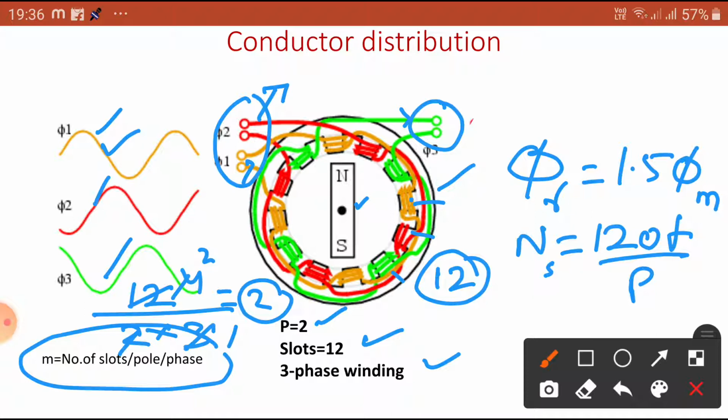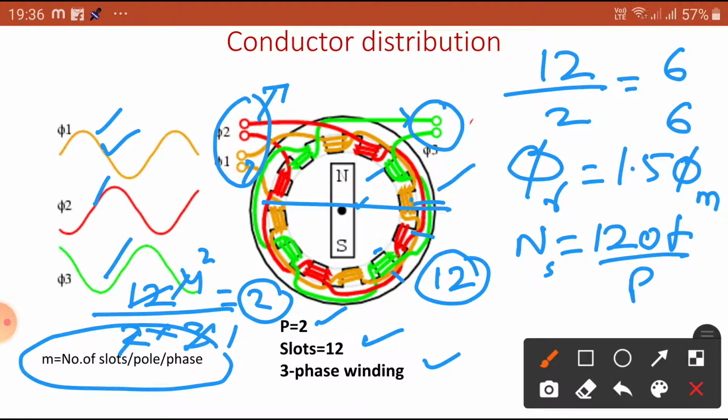That means there are the north pole and south pole. Total 12 slots divided by 2 poles means 6 slots under the north pole and 6 slots under the south pole. Under the north pole, these 6 slots are further divided into 2 slots for R phase, 2 slots for Y phase, and 2 slots for B phase. In such a manner it is distributed.